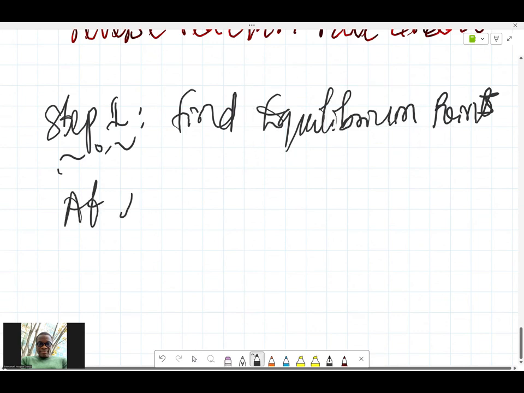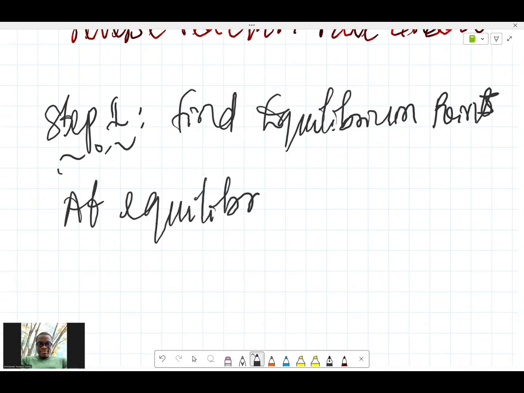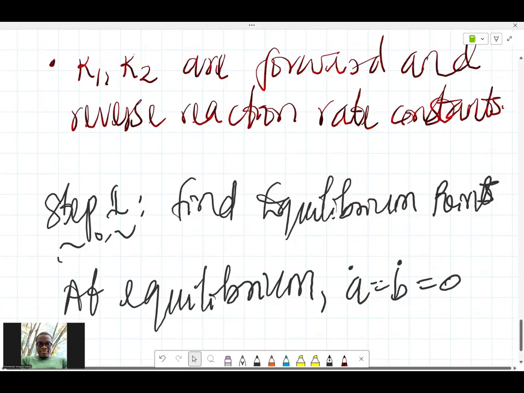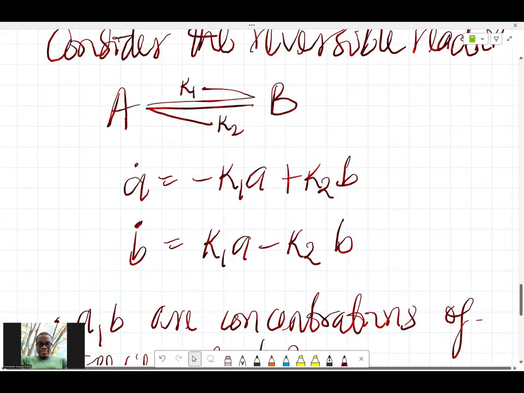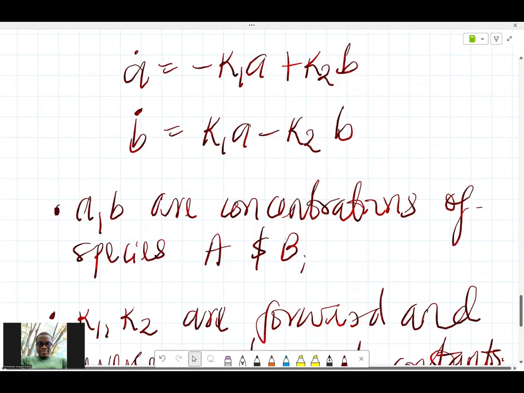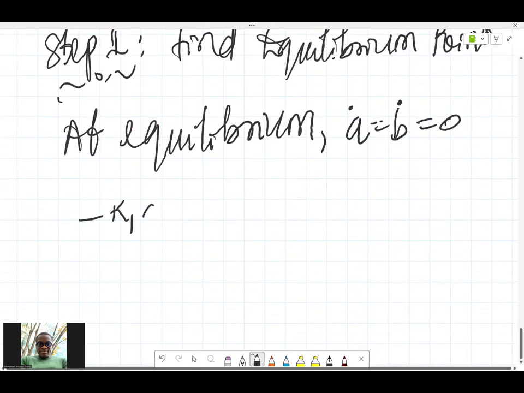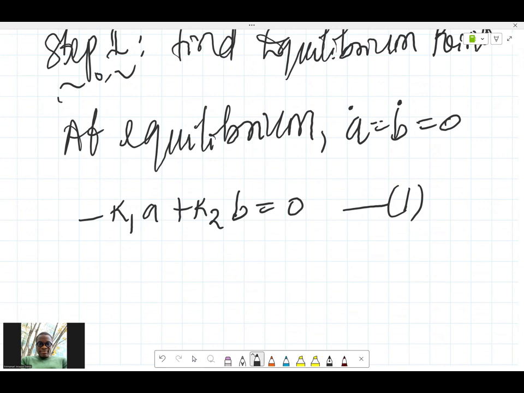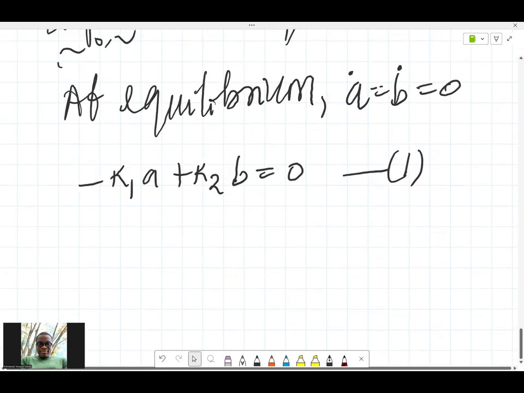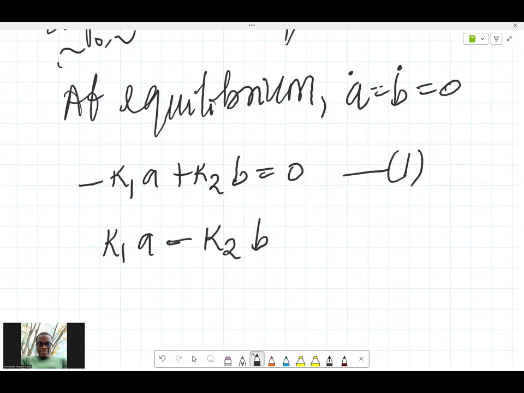At equilibrium, A dot is equal to B dot is equal to 0. That's steady state. So minus K1A plus K2B is equal to 0. Call that equation 1. Secondly, K1A minus K2B also equals 0. Call that equation 2.